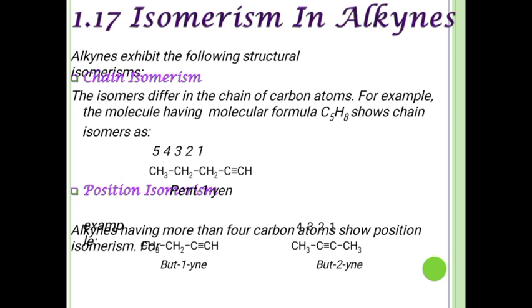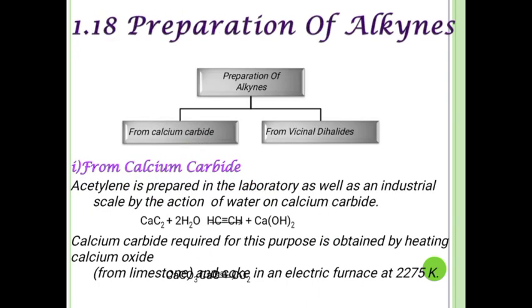Isomerism. Chain isomerism, same as in alkanes and alkenes, and position isomerism. Chain isomerism: if there is any change in the structural formula of the chain, that is known as chain isomerism. If there is any change in the position of the triple bond, then it is position isomerism. Preparation: from calcium carbide and from vicinal dihalides.